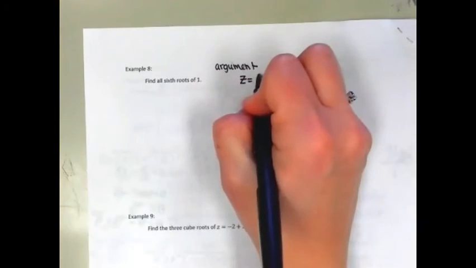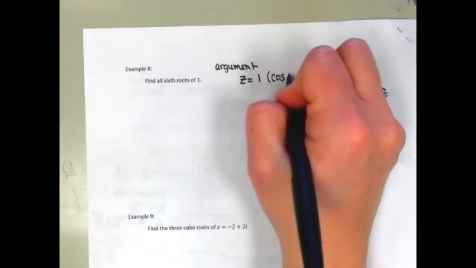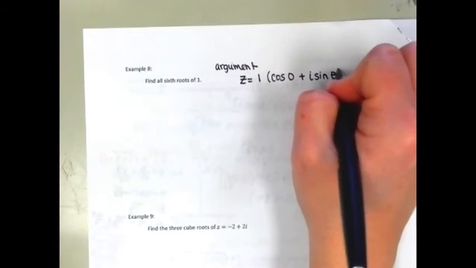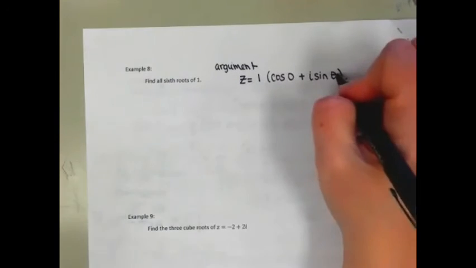So my r is 1, times the cosine of 0 plus I sine of 0. I don't know why I put theta, that should be 0. Sorry about that.